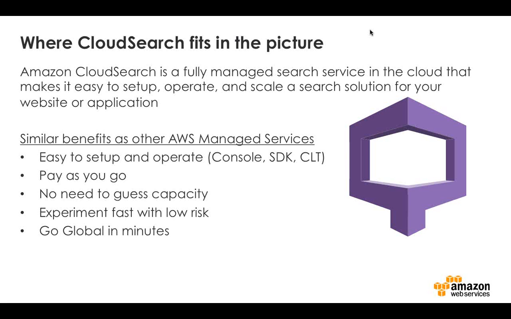All of that is difficult to do, and again, undifferentiated. You don't need to guess the capacity with CloudSearch. You can experiment fast. It's very easy to get started, very easy to use, and you can go global in minutes. CloudSearch is now deployed in all of the AWS regions, minus GovCloud, and you can push out your search application to all of those regions very simply.